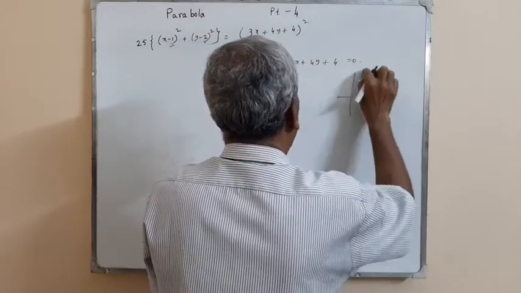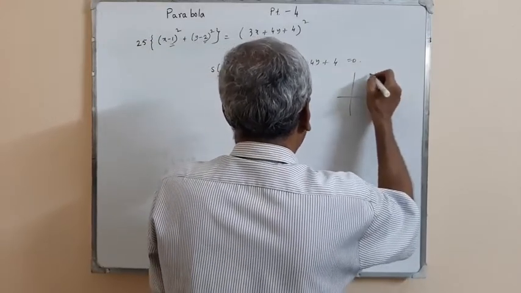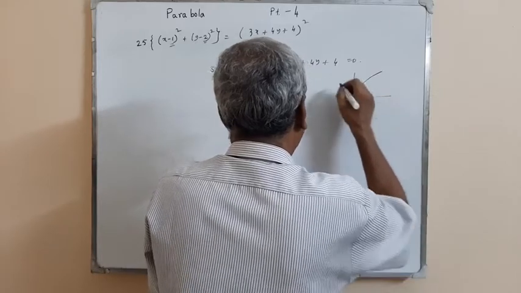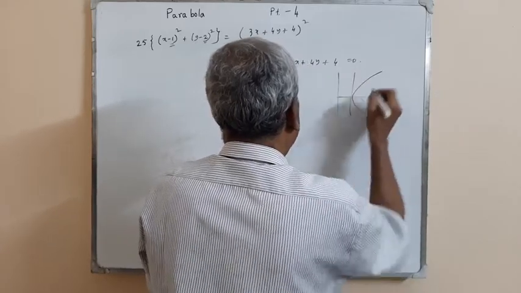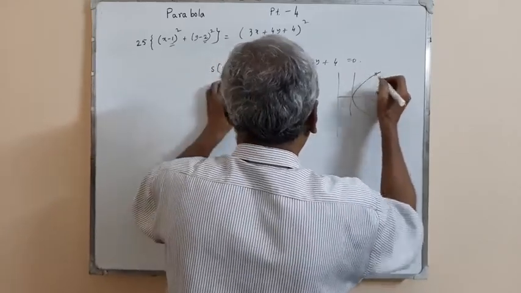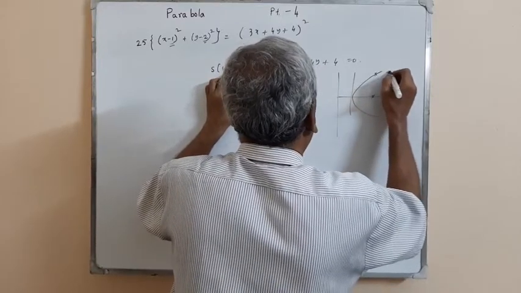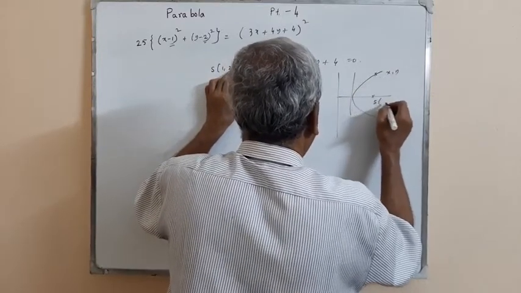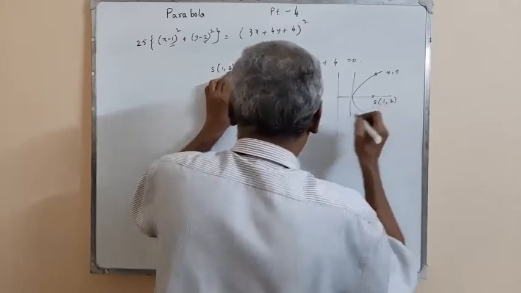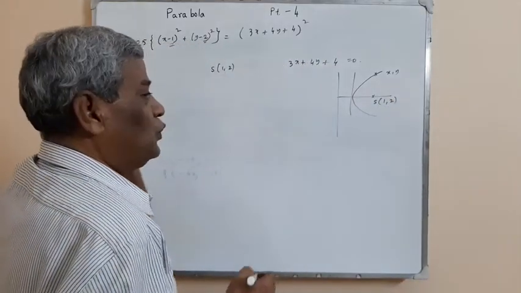This is not the x-axis or y-axis. Suppose this is the parabola and this is the equation of the directrix. Any point on it is (x, y). S is here, I'm taking S as (1, 2).